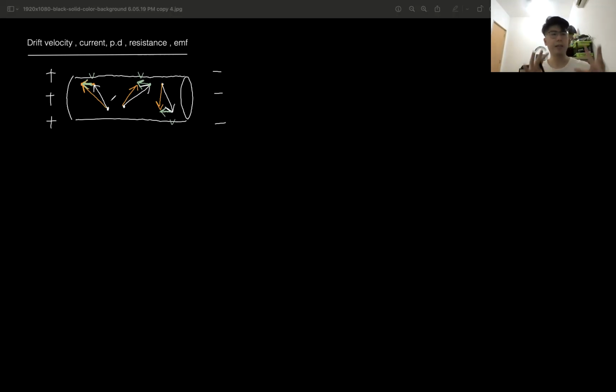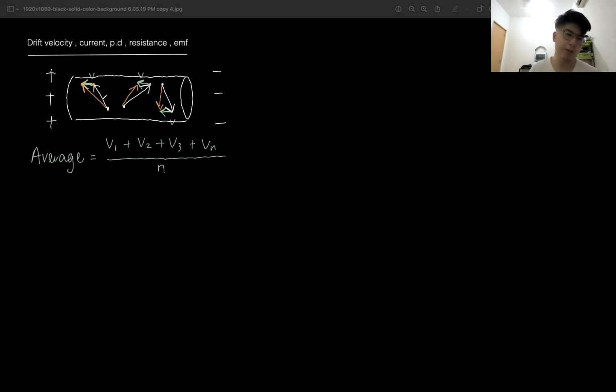Now if it happens to every single electron, then every electron in 1 second moves slightly towards the left. If you take the average of this velocity, let's say you take the first electron, V1, plus the velocity of the second electron, plus the third one, plus however many electrons there are in the metal, you divide by the number of electrons, you get the average.